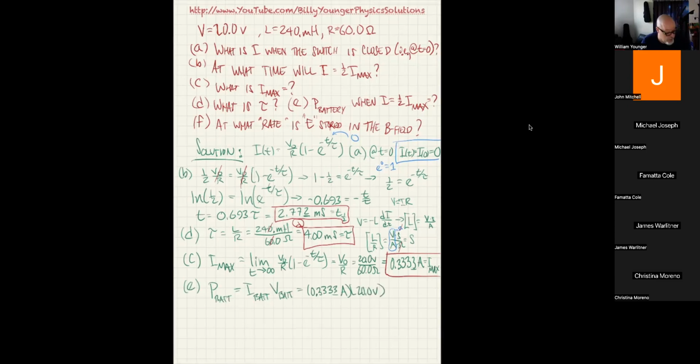And if I multiply 20 times 0.333, it would actually have been easier just to divide by 3. That's 6.667 watts. So that's the power delivered by the battery. Any questions on that part?